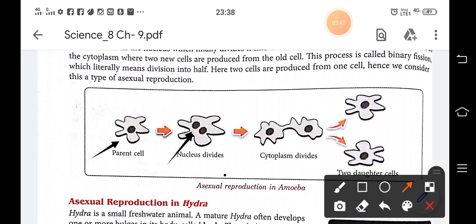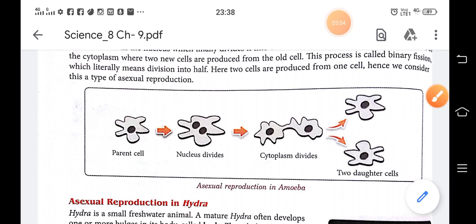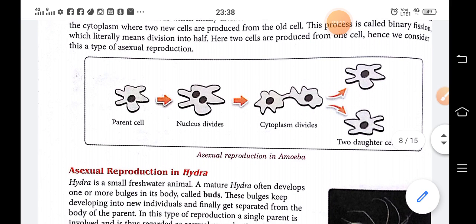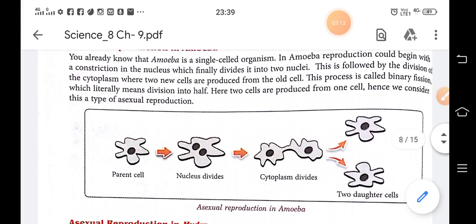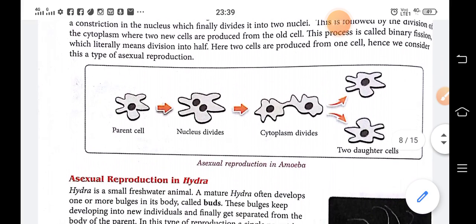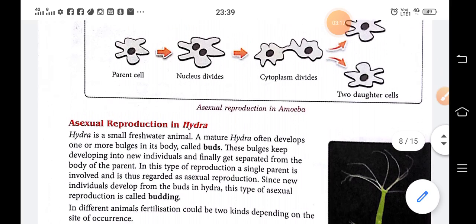Then the cytoplasm divides into two parts, and each cytoplasm, when it breaks into two, forms a new individual. Nothing is required, only the favorable condition. And the mode of reproduction in amoeba is known as binary fission.